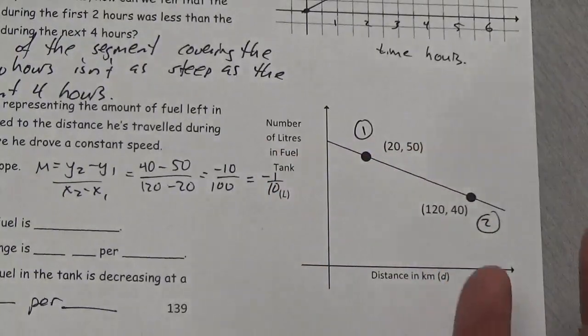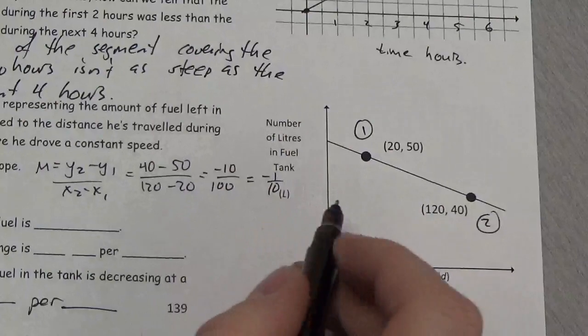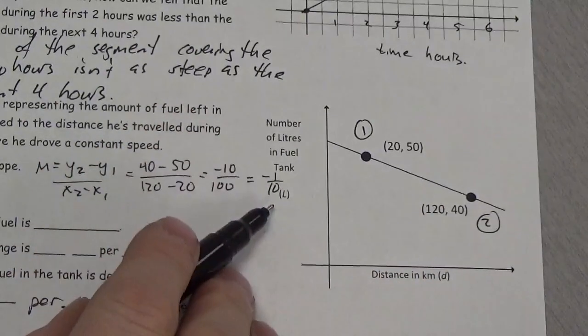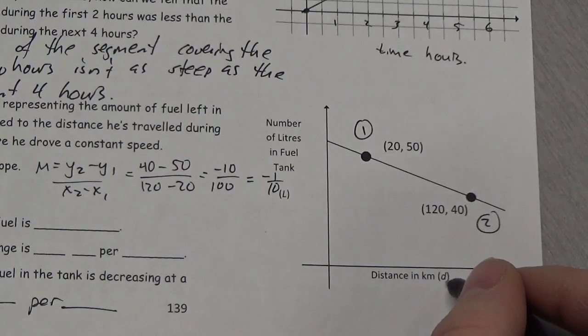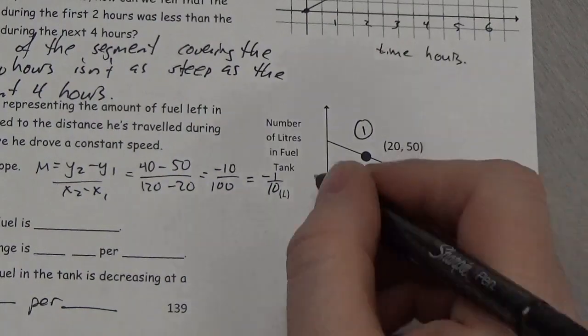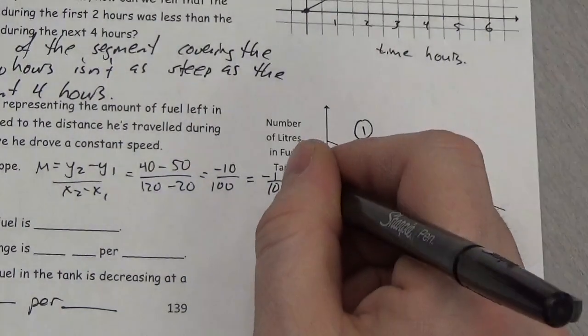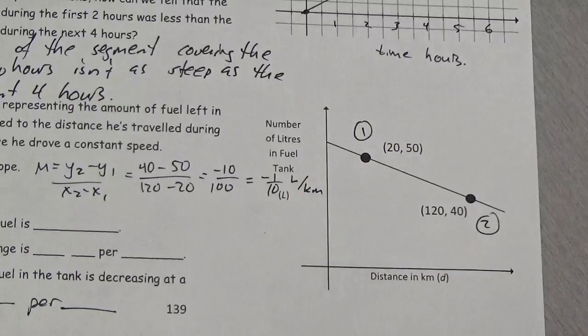Now, of what though? How do the units work here? Well, on the y coordinates it's liters, and on the x coordinates it's kilometers. So this is going to be liters per kilometer.